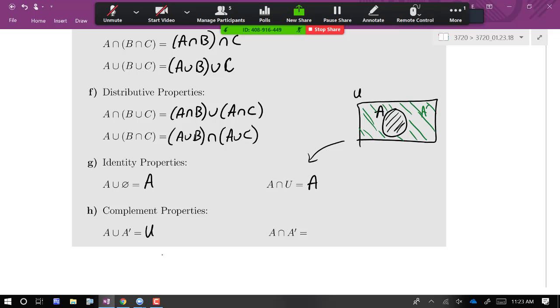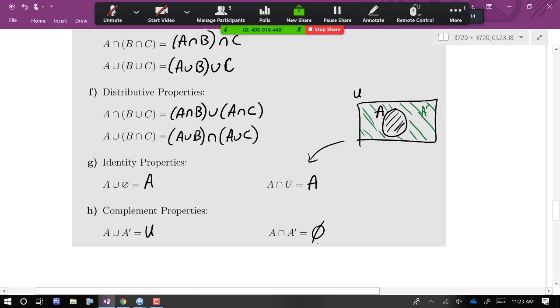No, because it wouldn't be the complement in that case. So what elements are both in A and not in A at the same time? Empty set. Yeah, there's nothing that's going to be both in A and not in A at the same time.